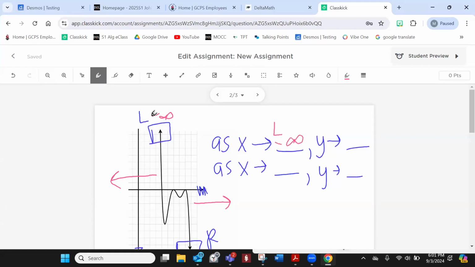Negative infinity. So this blank is literally for what side are we talking about? Looking at the left side, that's what this negative infinity means right here, left side. This y means what is your graph doing? So y is approaching. What is the graph doing on the left?